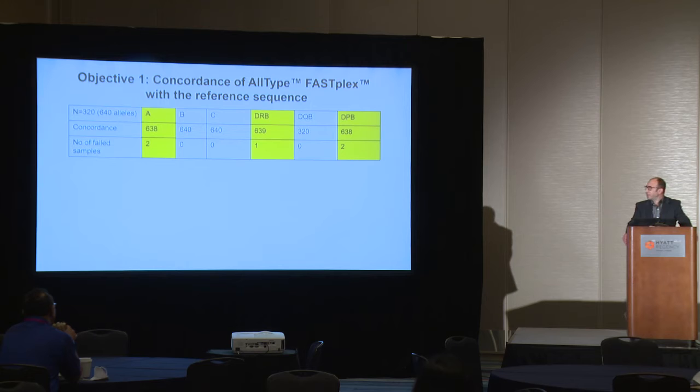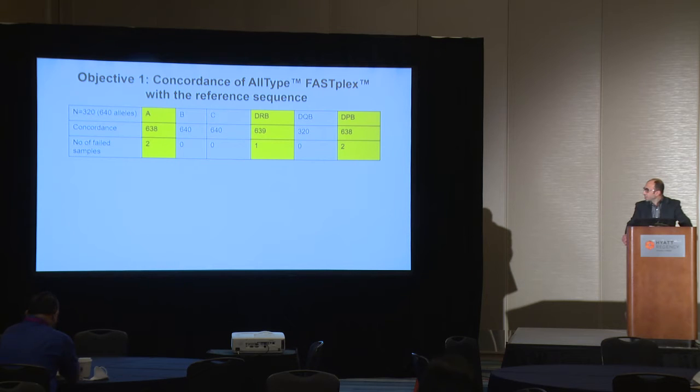We did the validation using 320 samples from our stored DNA bank, which is approximately equivalent to 640 alleles. We did allele frequency analysis to make sure that we cover 80% of the normal population.